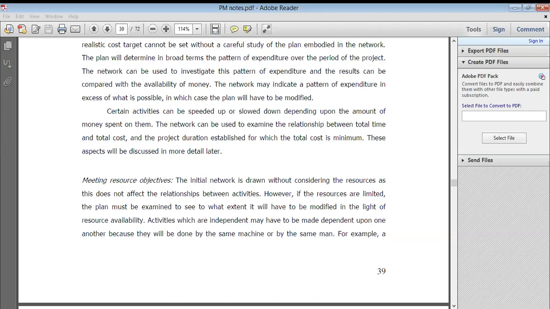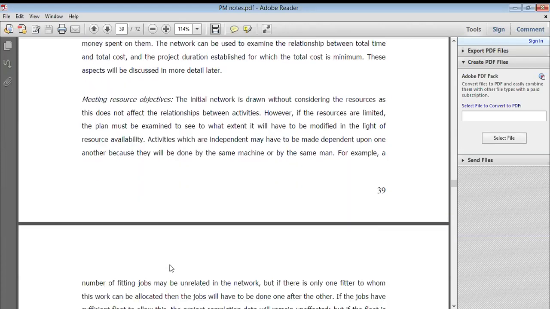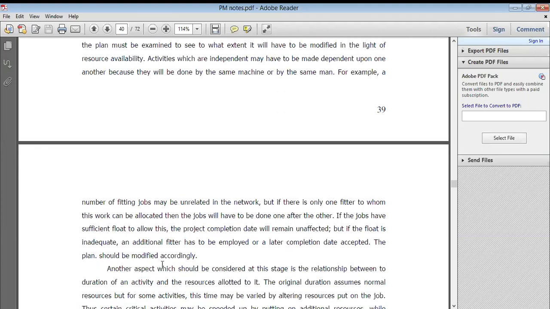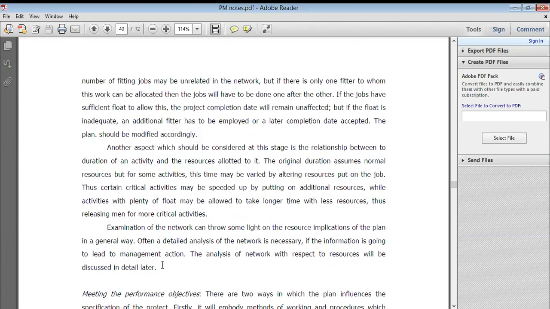Now, here there are a number of jobs, very different projects and different work you need to fulfill when you join any project, right? So the number of jobs may be unrelated in the network, right?